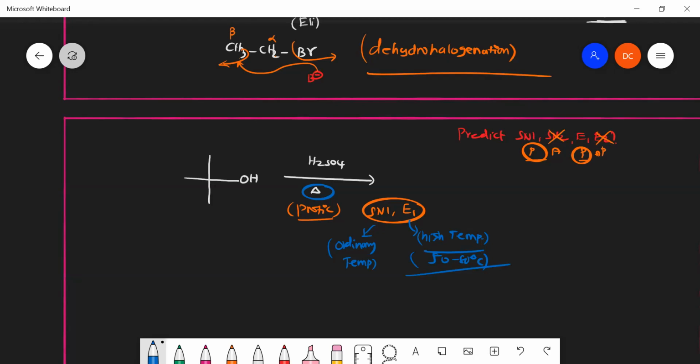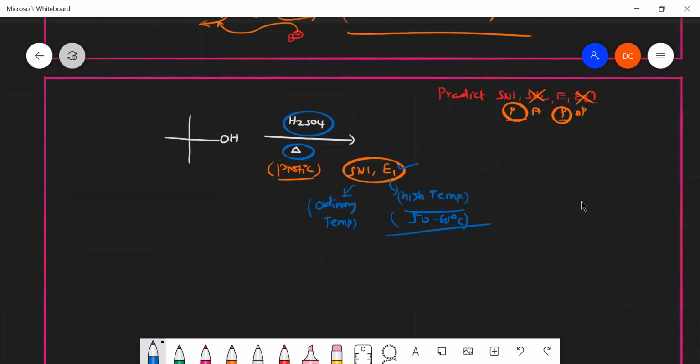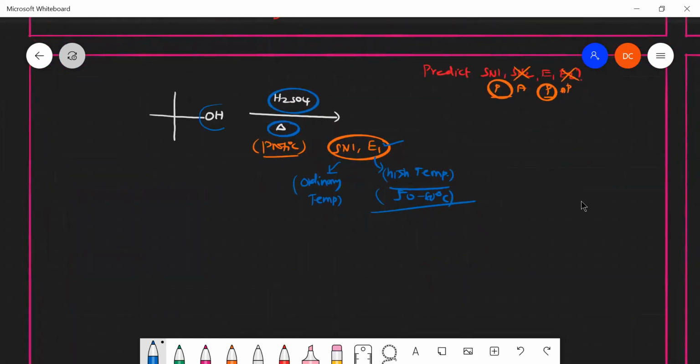And one more, if it wants to run E1, what kind of things do we have to use? Base we have to use, but here we use an acid. That is what I told you. It's the exceptional case. Only in the case of alcohol with acid can we get an elimination reaction by way of dehydration. Through dehydration, this process takes place. It's an important exceptional case.